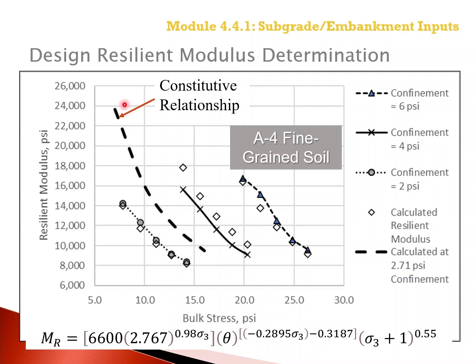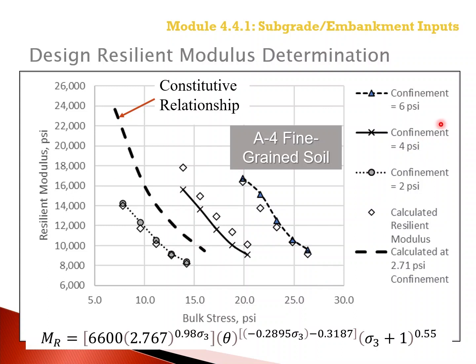And this is using the constitutive equation by looking at the at-rest conditions with the imposed wheel loads. So this is the constitutive relationship shown below of the resilient modulus as a function of bulk stress and confining pressure based on in-place conditions.